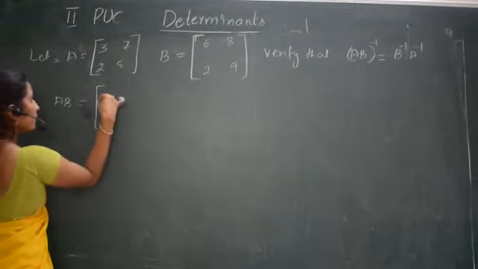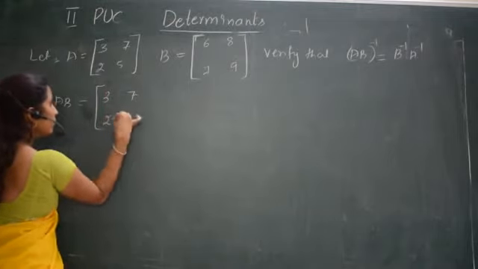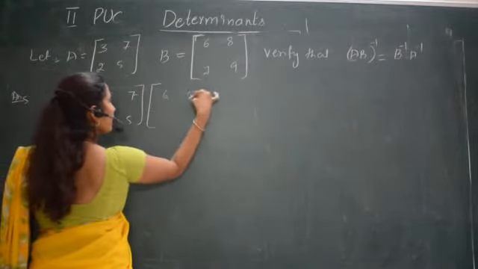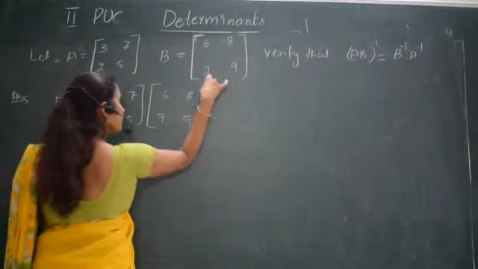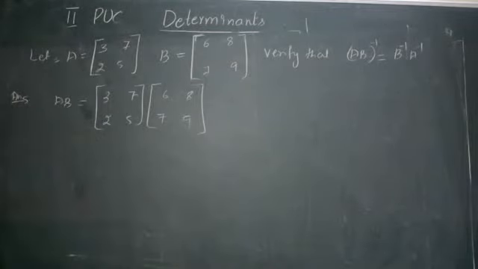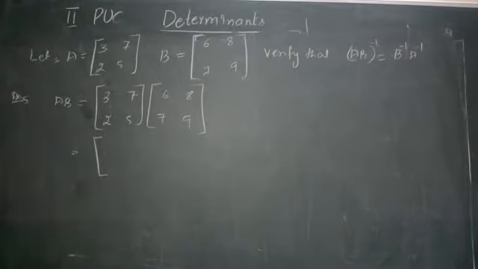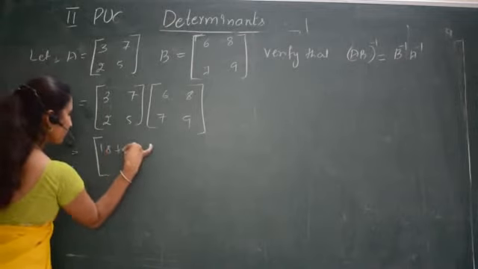What is the product? 3 7 2 5 into 6 8 7 9. So this will be equal to 3 into 6 is 18, plus 7 into 7 is 49.